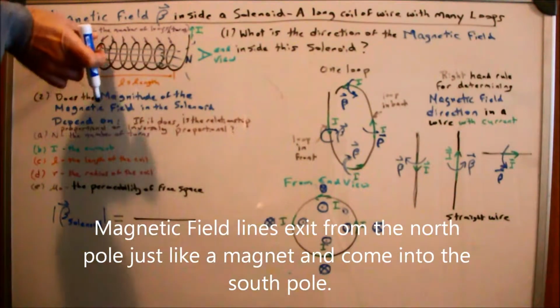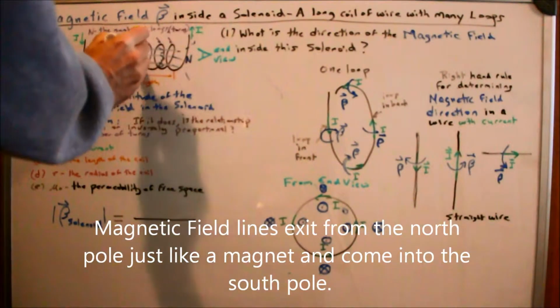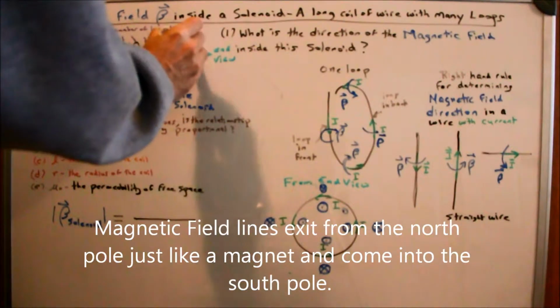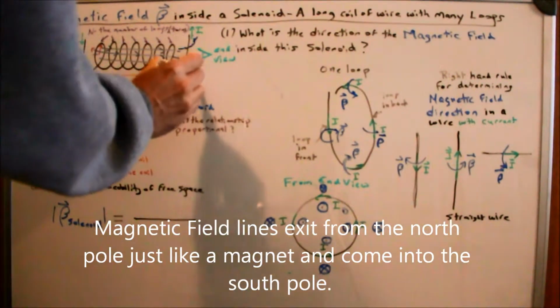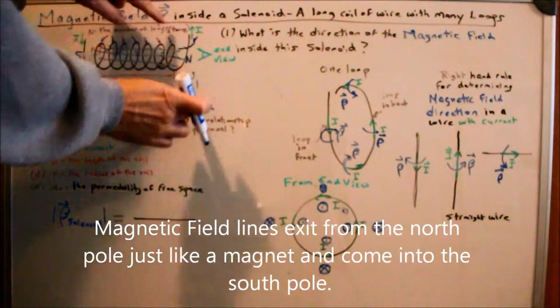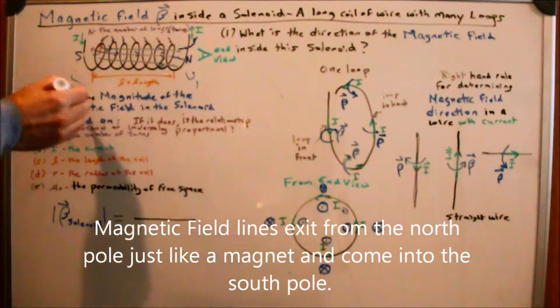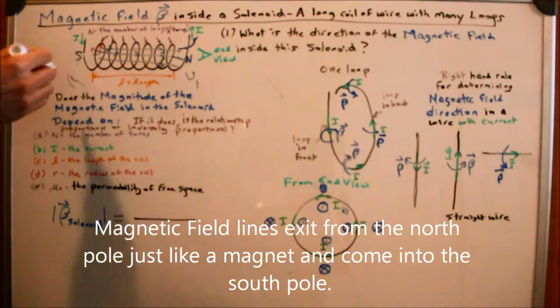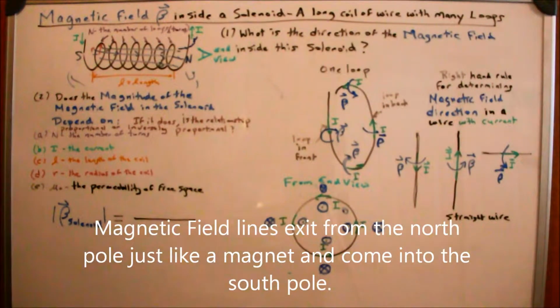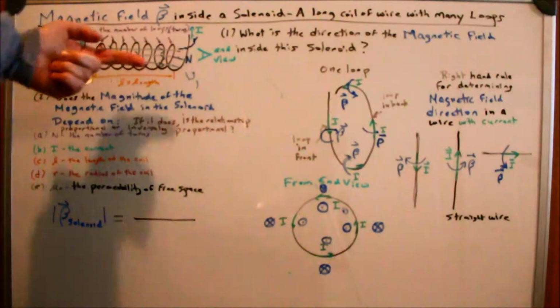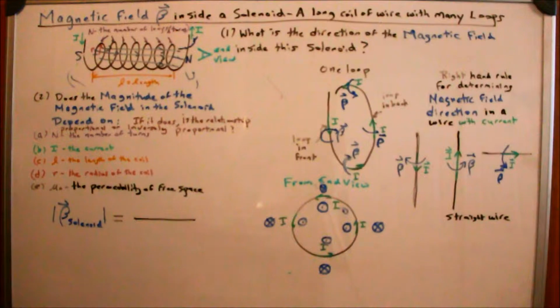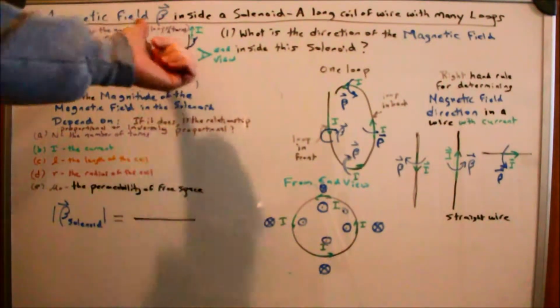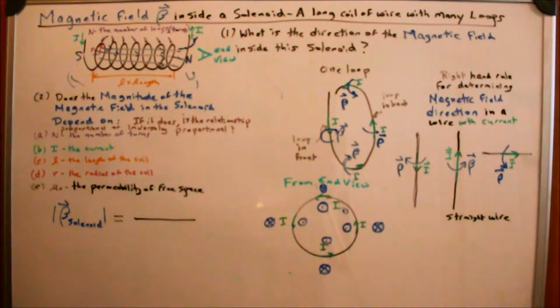Inside, the field lines are all going this direction. Then it exits the solenoid, and it's like a magnet: it starts looping around and comes back around into the other side. So that's the answer for the direction of the magnetic field. It's running this direction. Now if I turn the current the other way, it would run in the opposite direction.